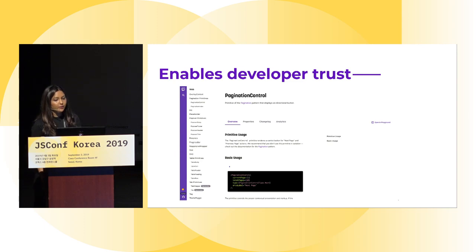Here's an example of how we're able to achieve developer trust by using TypeScript in our design system. Like most design systems, we provide documentation for component usage and guidelines. Something great we're allowed to do because of TypeScript is static code analysis of each component's props.